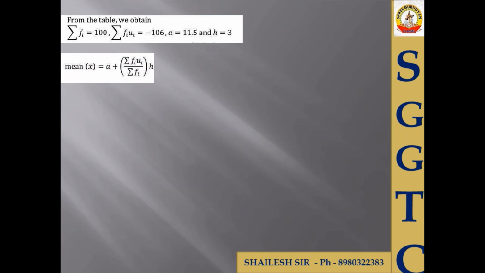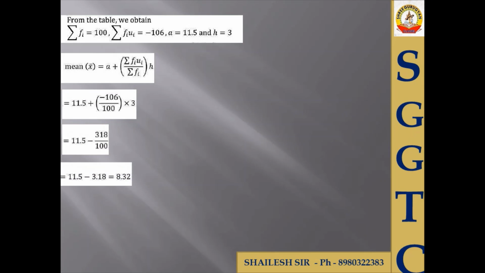Value put it in and further calculate. Surely you get 11.5 minus 3.18. It gets 8.32. Yes students, 8.32. That's your mean. Now median is ready, mean is ready.